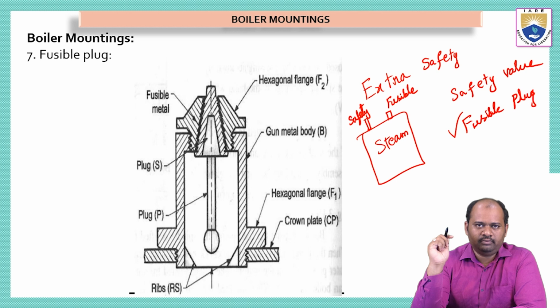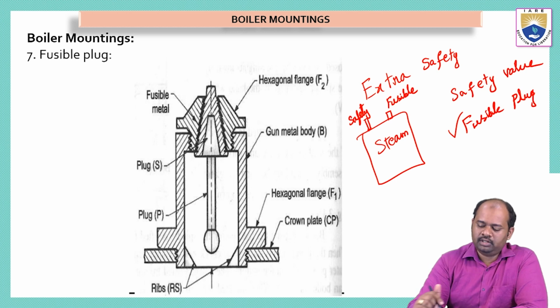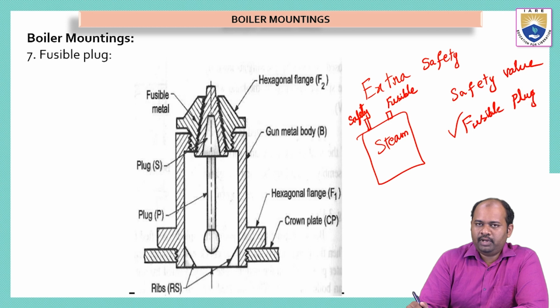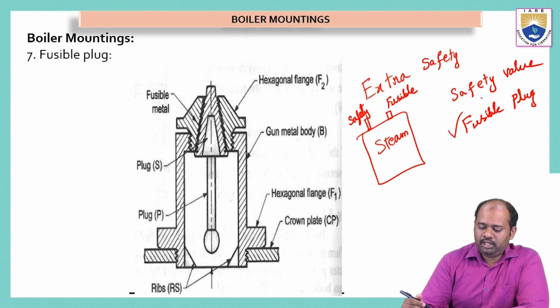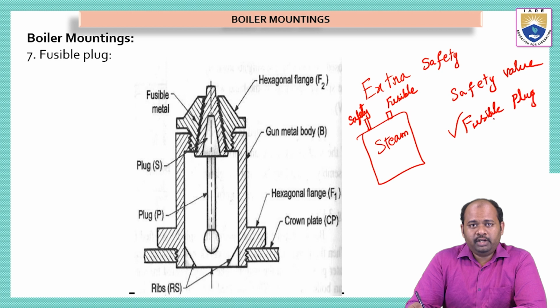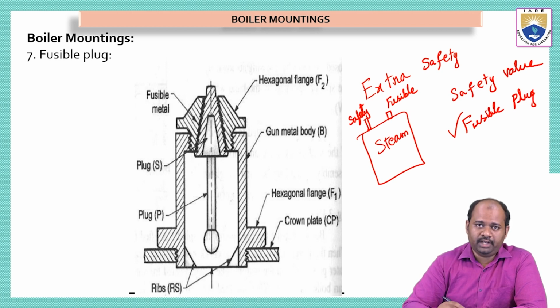into the atmosphere. The main function of this fusible plug is extra safety when the safety valve is not working properly. Whenever there is a blockage inside the safety valve, the fusible plug can be replaced, or it will automatically clean up. Whenever the fusible plug is burned out, we have to replace it with a new fusible plug.